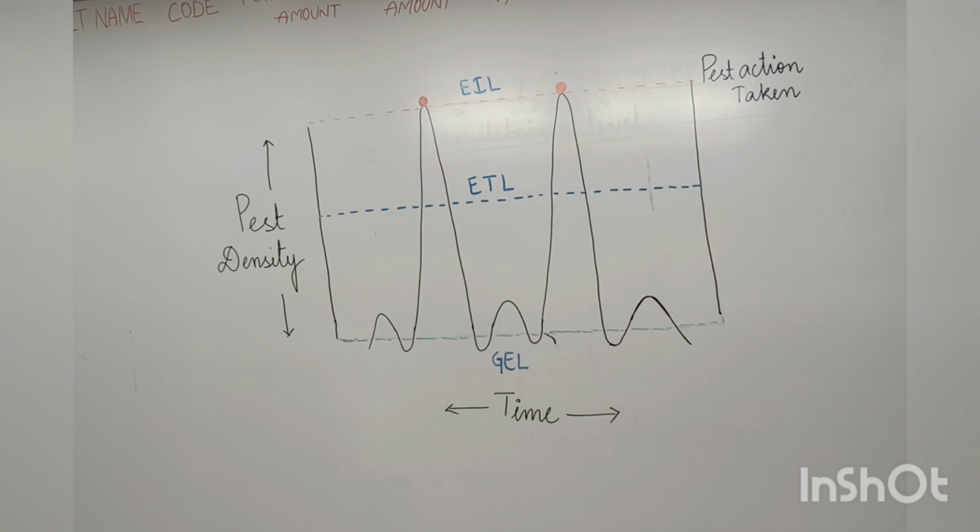And coming to the third principle, that is economic injury level, in which there is a loss of crop, and pest action at this level causes damage in the production. So these are the three principles of integrated pest management.